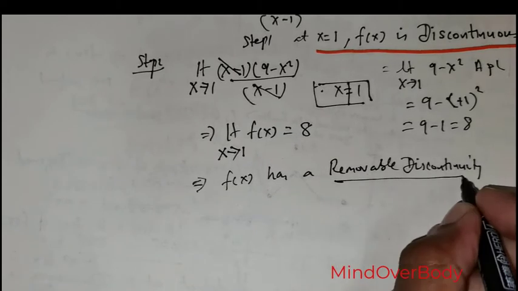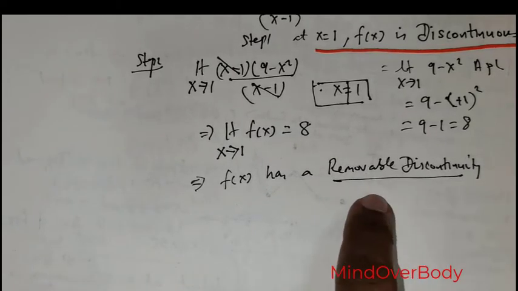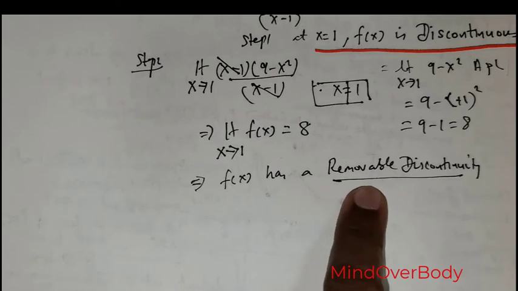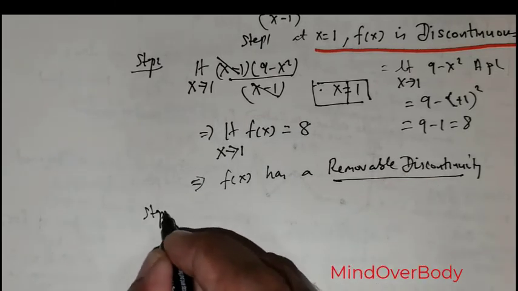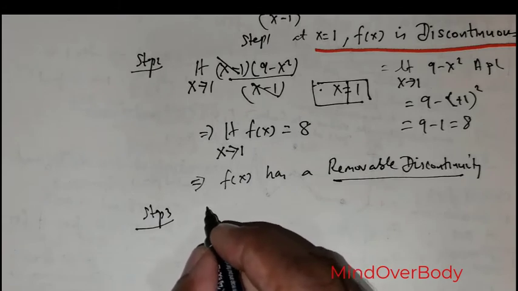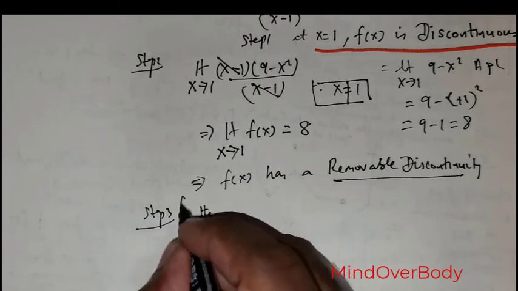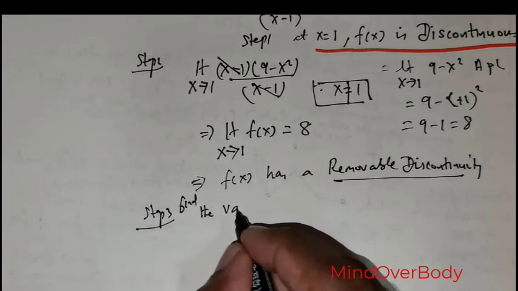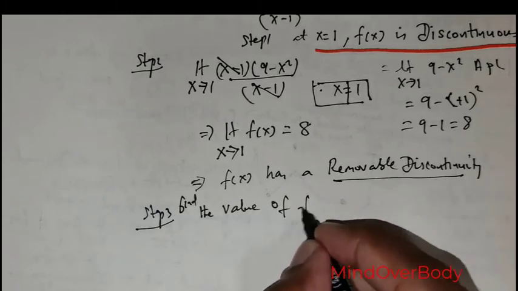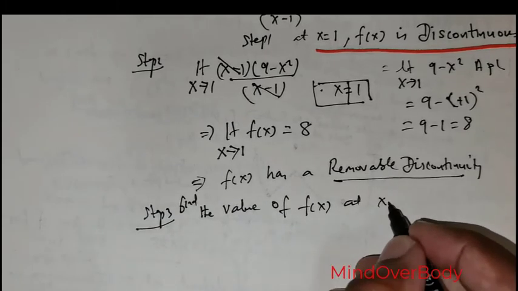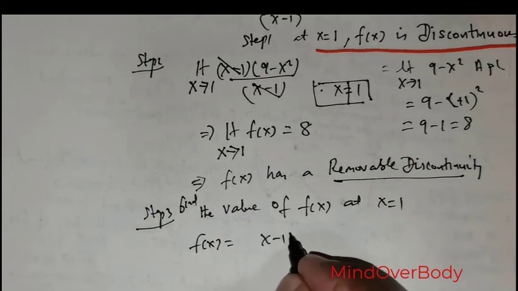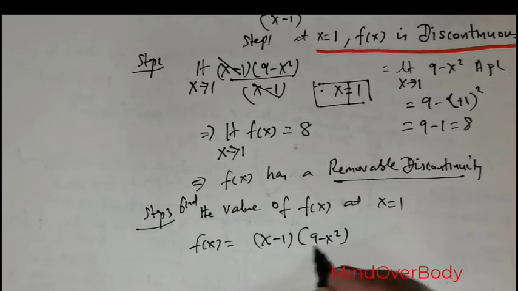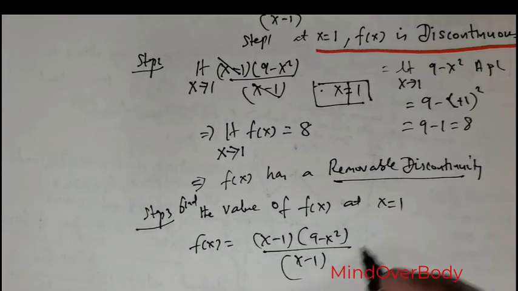Now, after this, you will have to find out if it is a missing point discontinuity or an isolated point discontinuity. So, step number 3, we have to find the value of the function at x equal to 1. So what is f of x? f of x is (x minus 1) times (9 minus x squared) divided by (x minus 1).